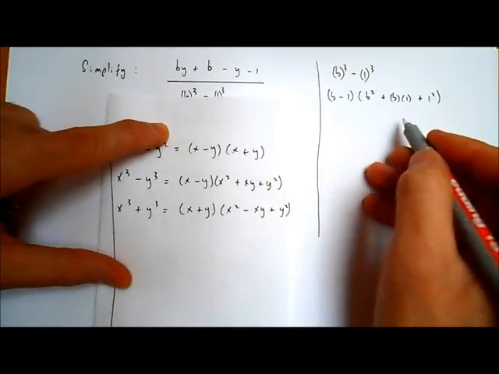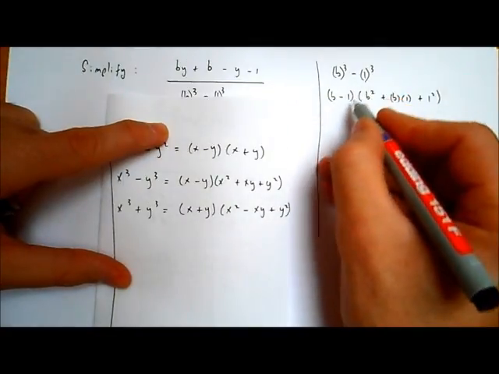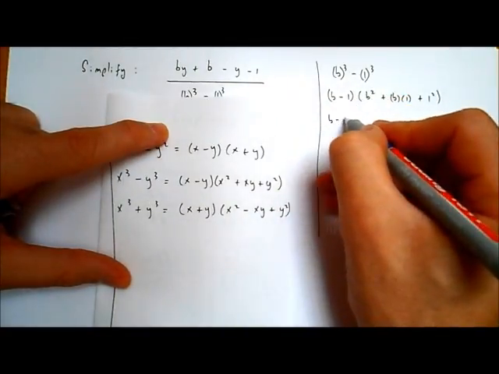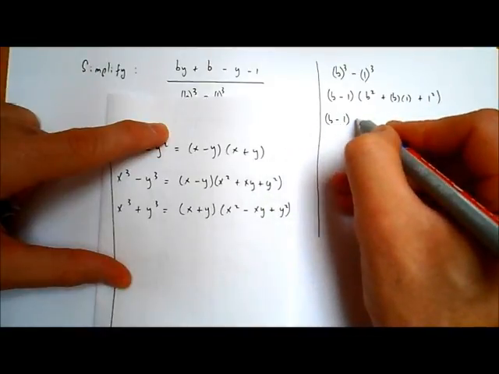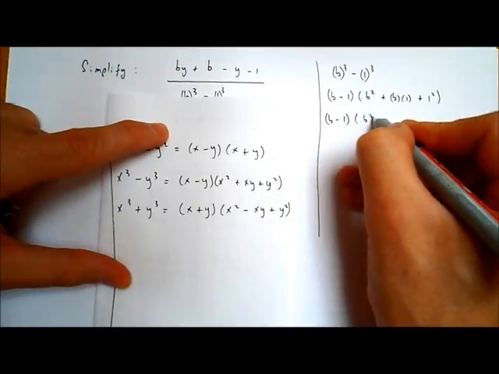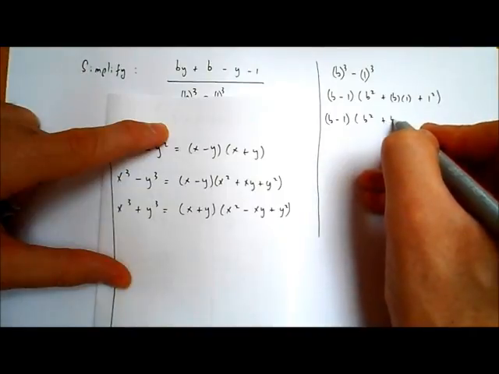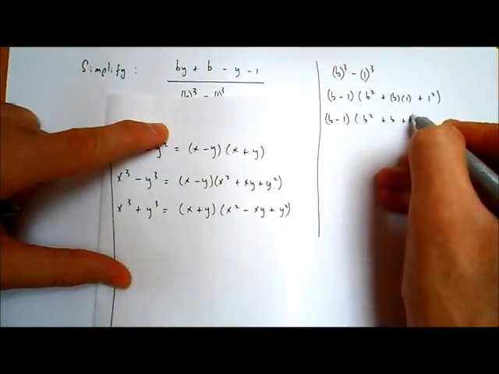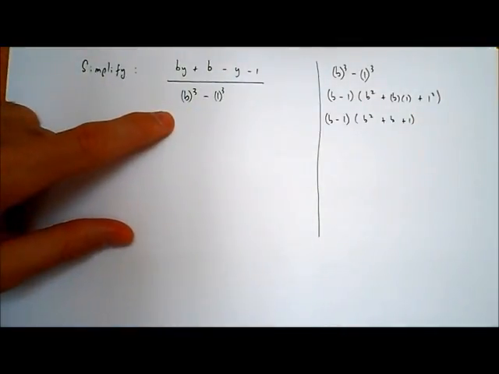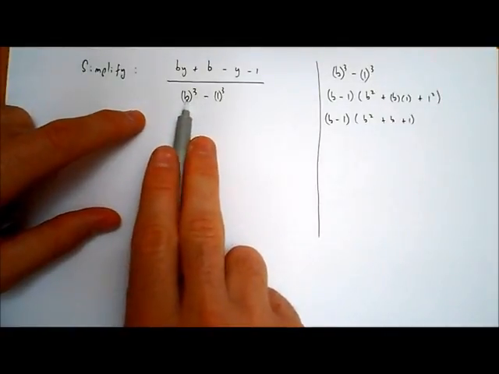If you can't remember how to do that, go back to the difference of 2 cubes video. So we can fix that up a little bit. We have b minus 1 times b squared, b by 1 is just plus b, and 1 squared is just plus 1. So that's the denominator.